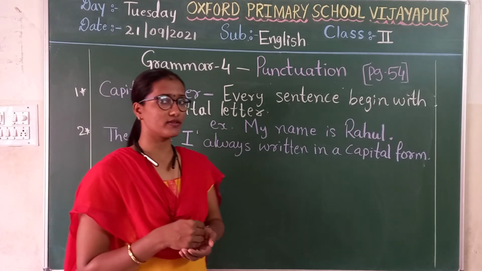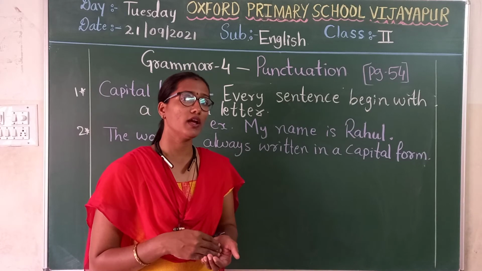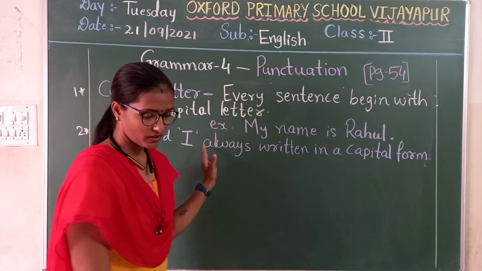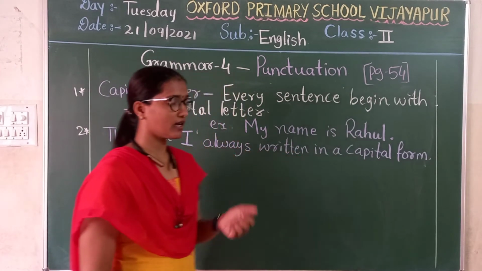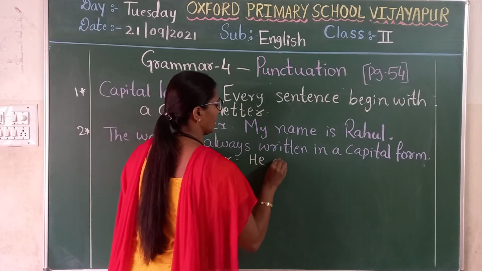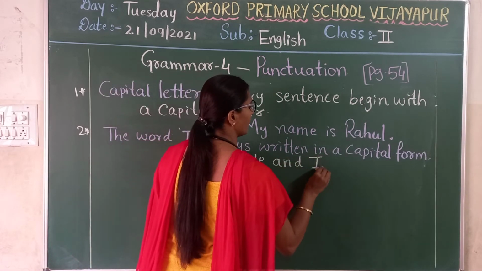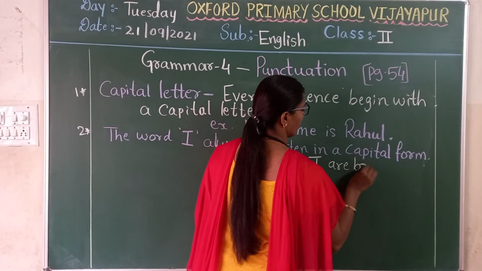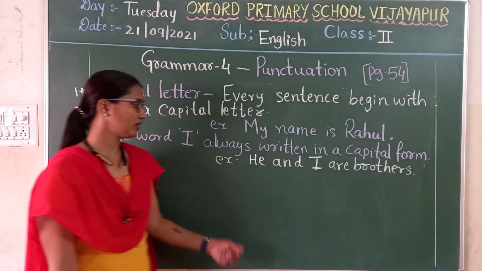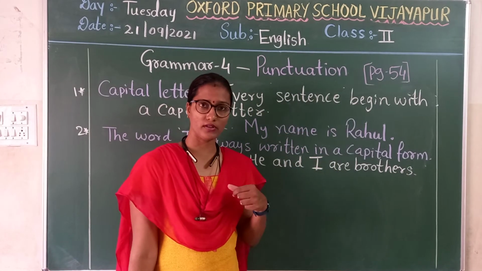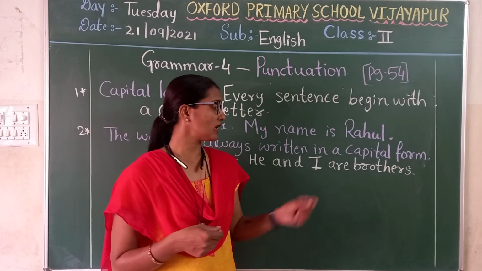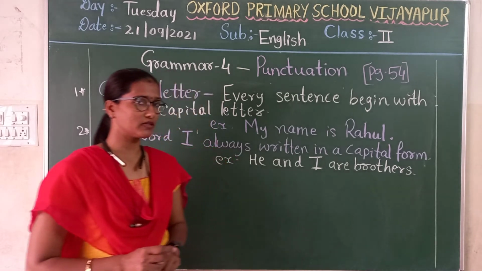This tells about ourselves. When we are talking about ourselves and the word I exists, we have to put it in a capital form only. Okay? So example: He and I are brothers. Whenever you are using the word I, it should be in a capital letter.